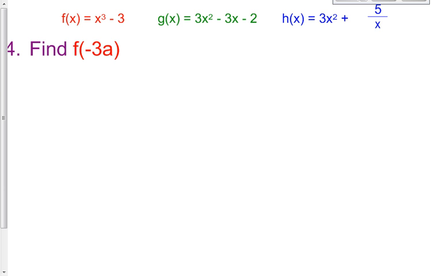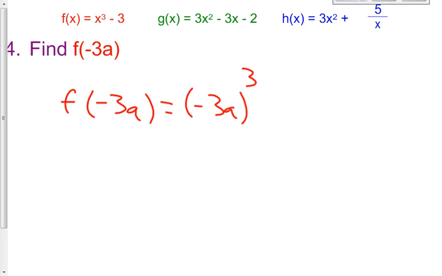This one also got put into the f machine. So you're going to have f of a negative 3a is going to equal a negative 3a raised to the third power and then subtracting 3. I just put in a negative 3a into every x I saw in the f function. So now we're going to simplify this.